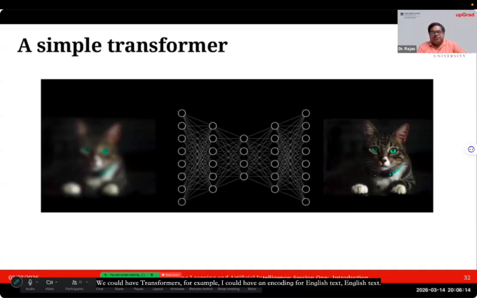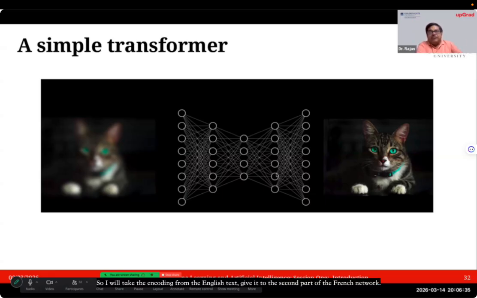For example, I could have an encoding for English text, and the second part of the network could be a decoder, the part of the network that was dealing with French text.